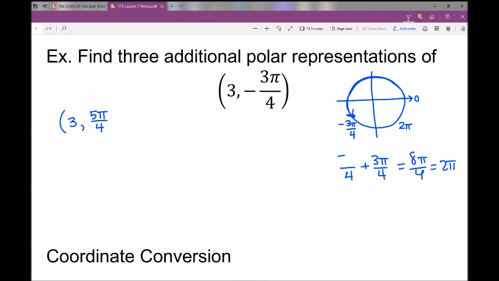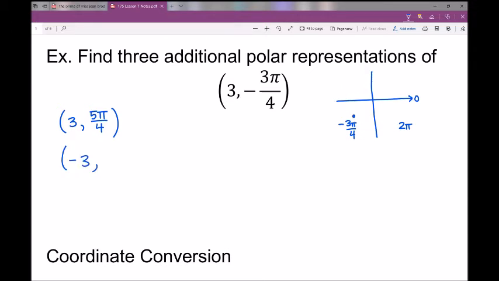Another thing we could do is just keep adding 2 pi to the angle, and we could definitely get some equivalent answers. But let's try turning the radius negative just so you can see how that works. If I want to make the radius negative to find another equivalent point, let's think about going this way 3 units instead of to the right.